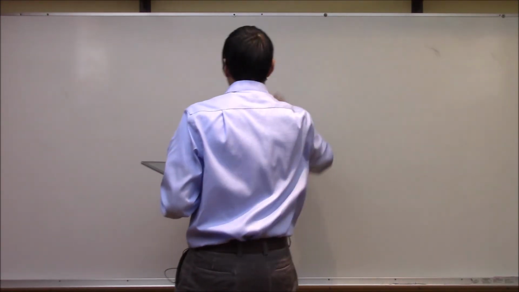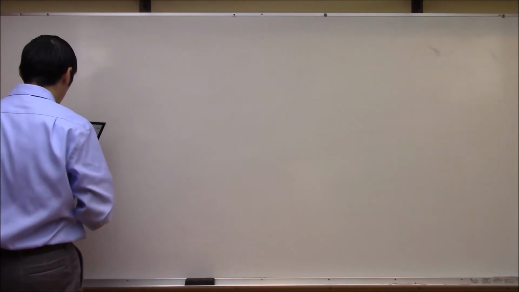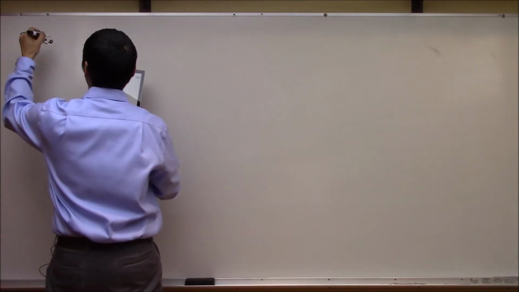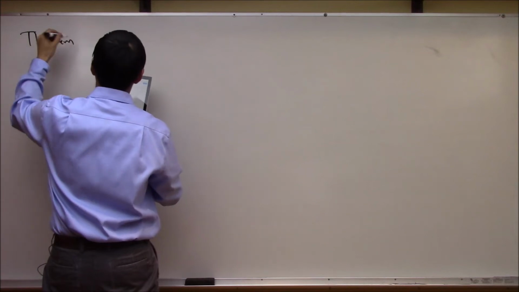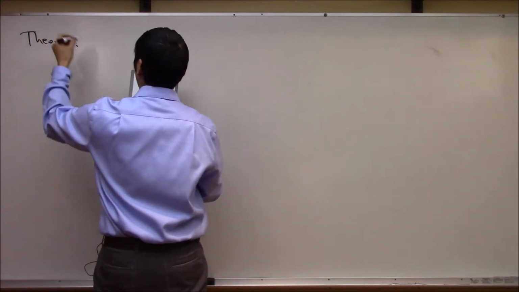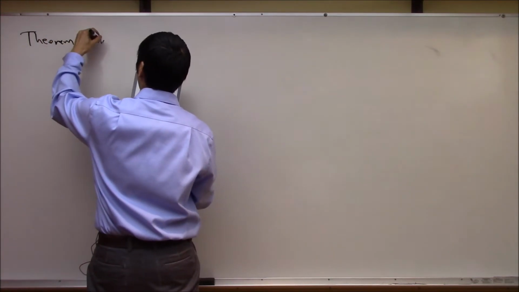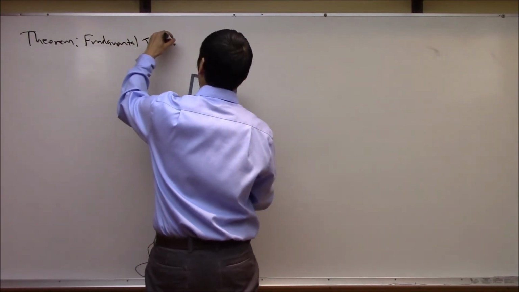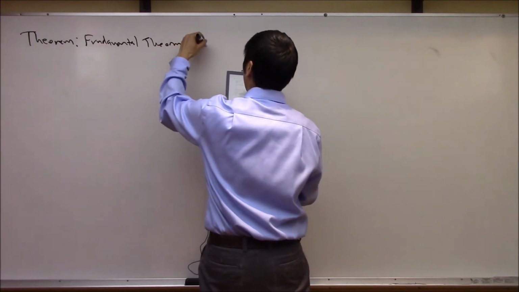All right, so let's write down one of the key theorems of PDEs that deals exactly with this case. It's so important that sometimes it is referred to as the fundamental theorem, which is basically the idea of superposition.